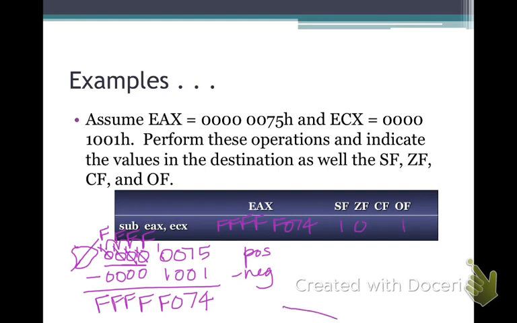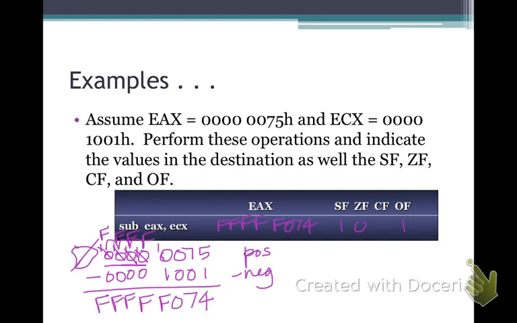Now, I kind of skipped over what we're going to do with the carry flag, because I'm not carrying outside of my fixed length. But here's the deal.